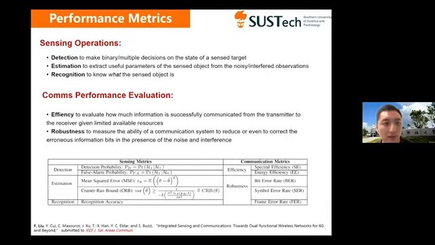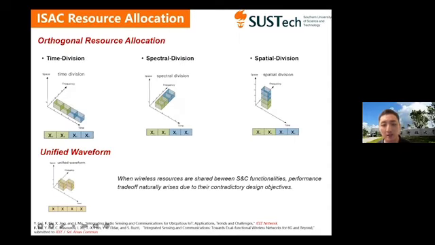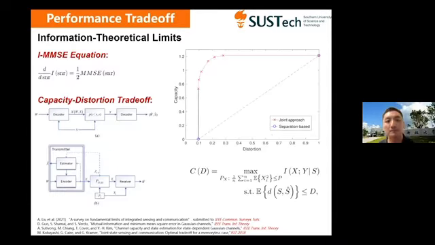Like I said in the previous slide, we have different performance metrics for sensing and for communication, so when we design ISAC systems, there will be contradictory design objectives. If we share the wireless resources between them, there is an inherent performance trade-off. Then let's look at the details of the performance trade-off.